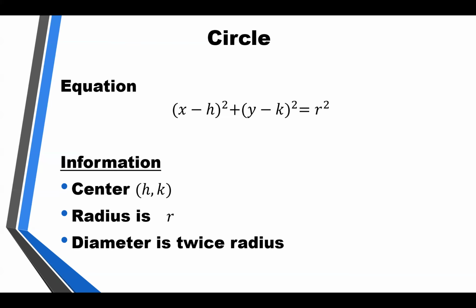So let's talk about the first conic section, and that is the conic section of a circle.